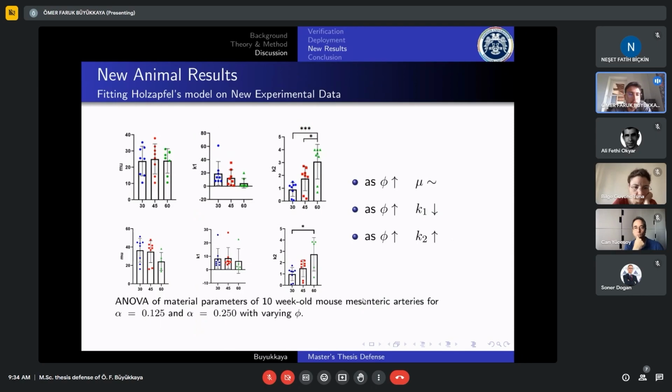So then we again performed an analysis of variance on the material parameters of, again, the 10-week-old mouse mesenteric arteries. They are the same parameters as before. However, this time we kept the alpha value constant instead of phi.